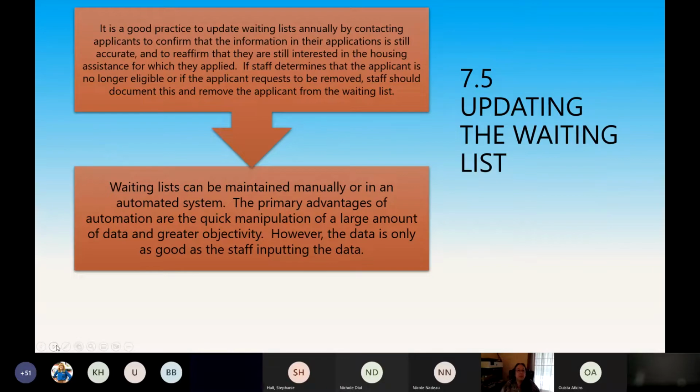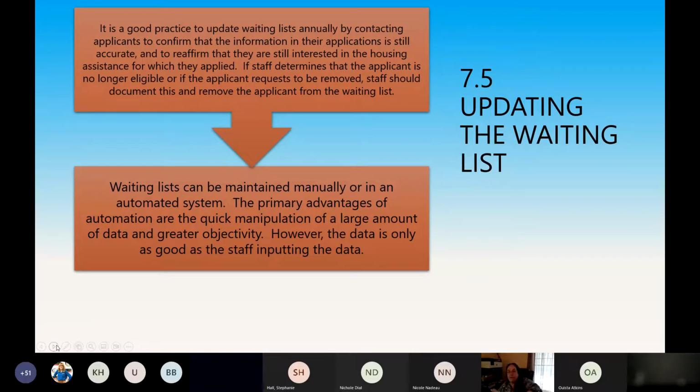I had right in the policies that it is good for 1 year, to reaffirm they're still interested in the housing assistance for which they applied. If staff determines the applicant is no longer eligible or the applicant requests to be removed, staff should document this and remove the applicant from the waiting list.